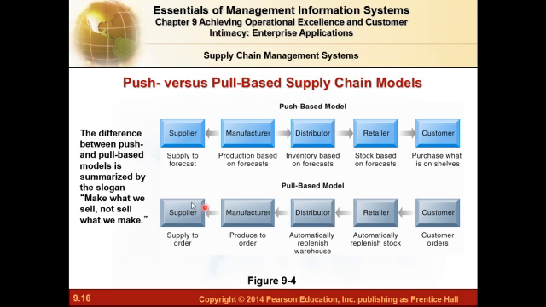It will supply based on order, and produce also based on order. Hopefully you can remember this push-based model and pull-based model. Try to understand this figure in order to differentiate between them.